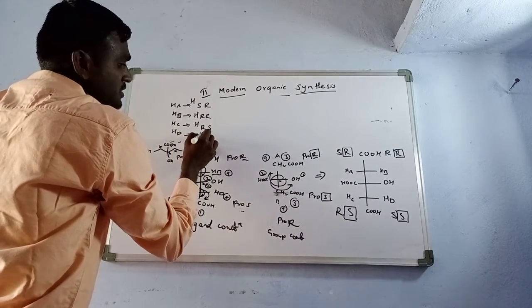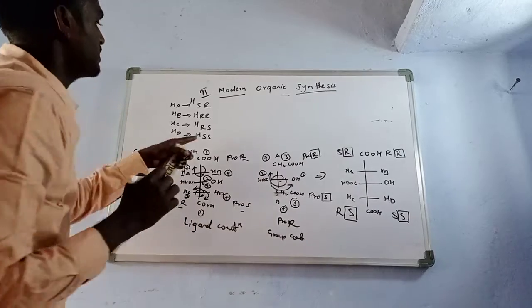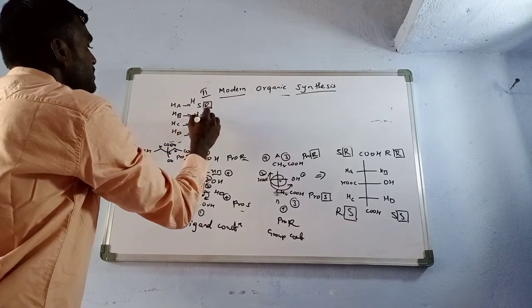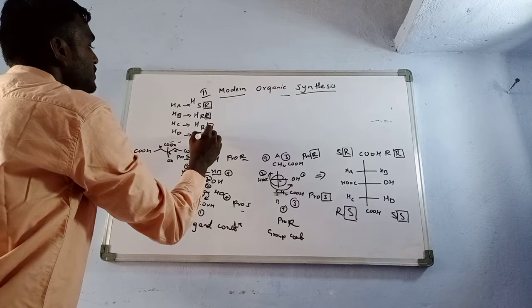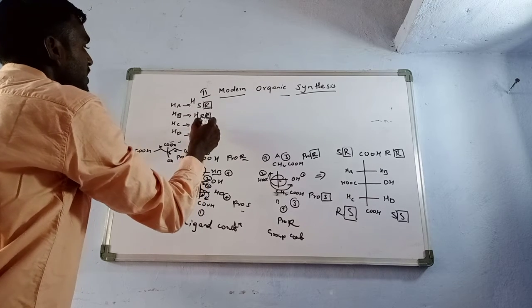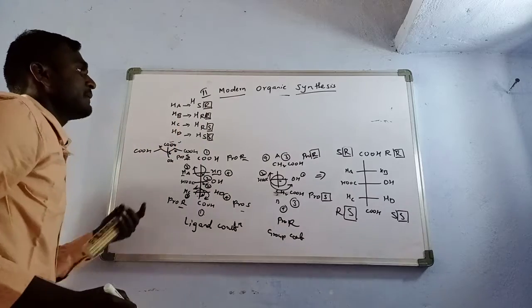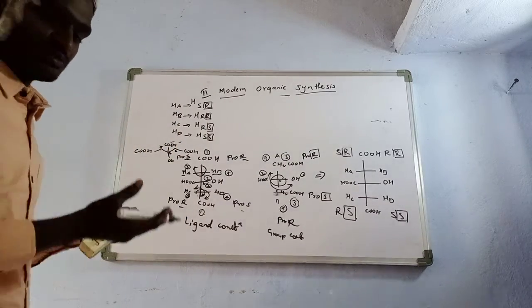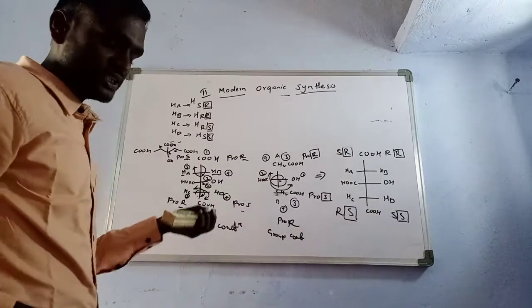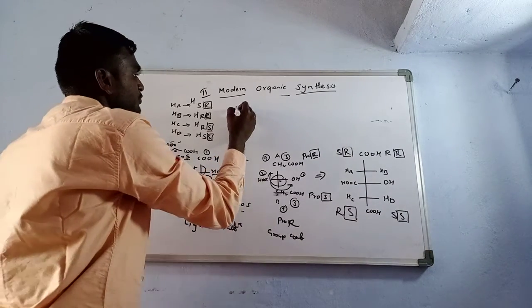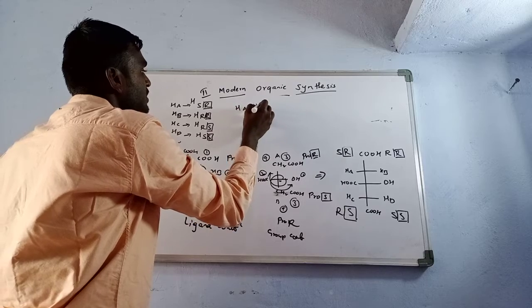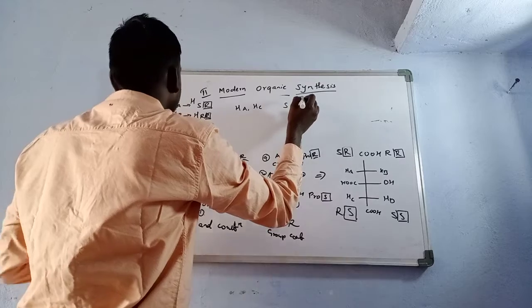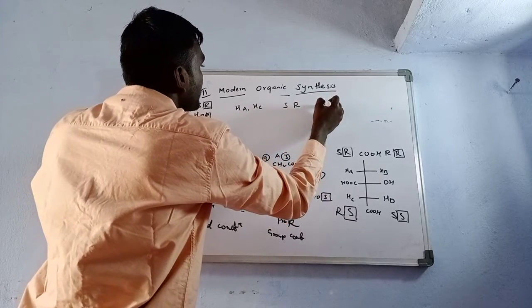For HD, that is SS. These are the group configurations, and these are the ligand configurations. By seeing the ligands and groups, we can easily identify the enantiotopic relationship as well as the diastereotopic relationship. Whenever we are taking HA, HC, for HA it is S, R, and for the HC molecule R, S.